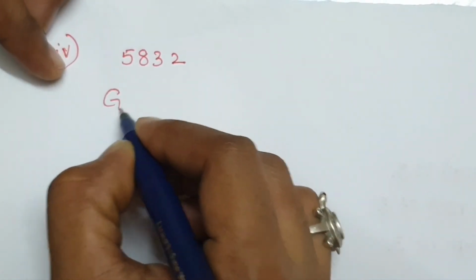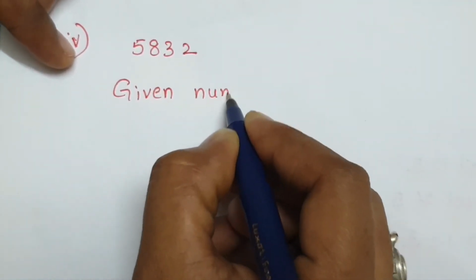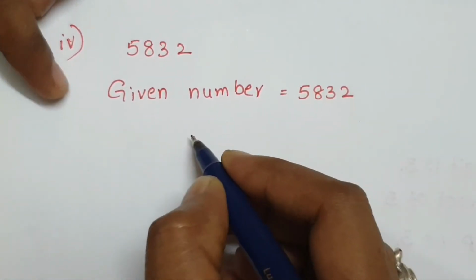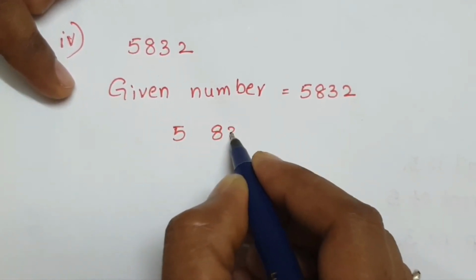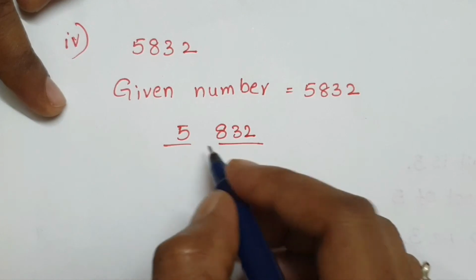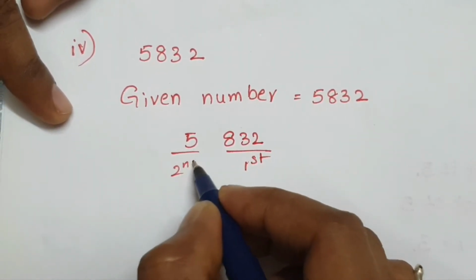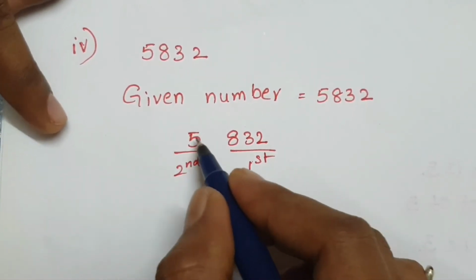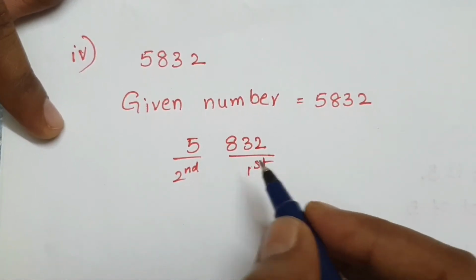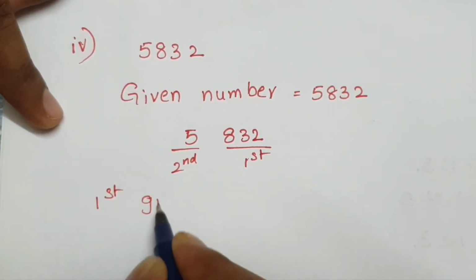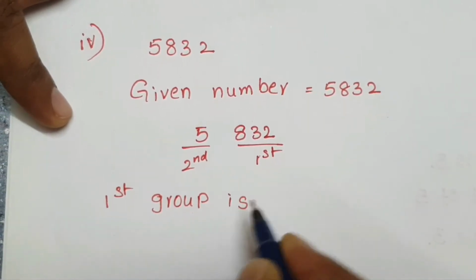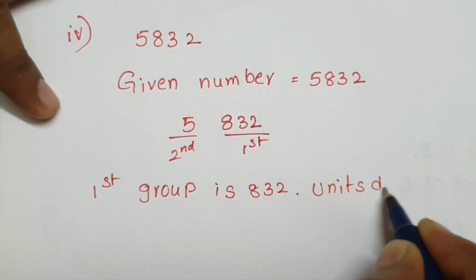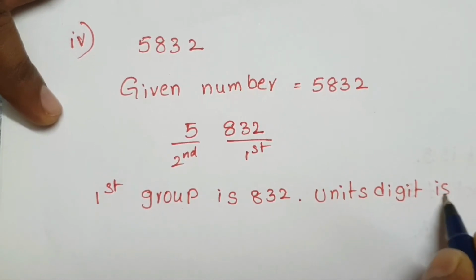Next, the given number is 5832. Divide into two groups. Take any one order, nothing will happen. Whatever it is, we can find the units digit and tens digit. Now the group 832: the units digit is 2.